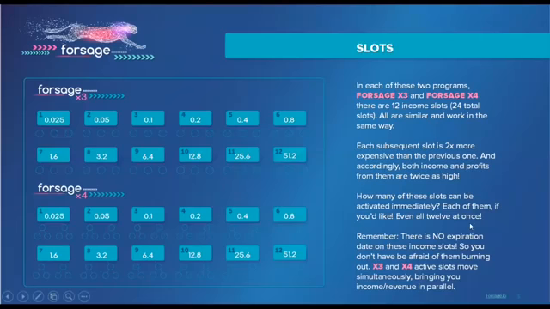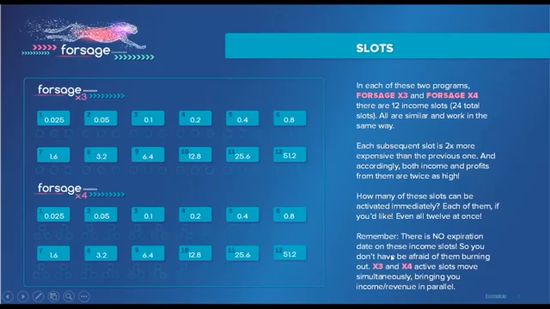I did point out that you could activate all of the income slots if you choose to. If you're in a position to open up all of the income slots on the X3 and on the X4, you can do that, but you do need to do it chronologically. We'll talk about that shortly.